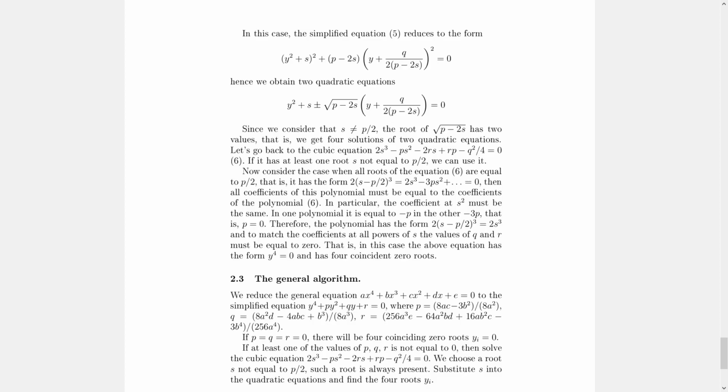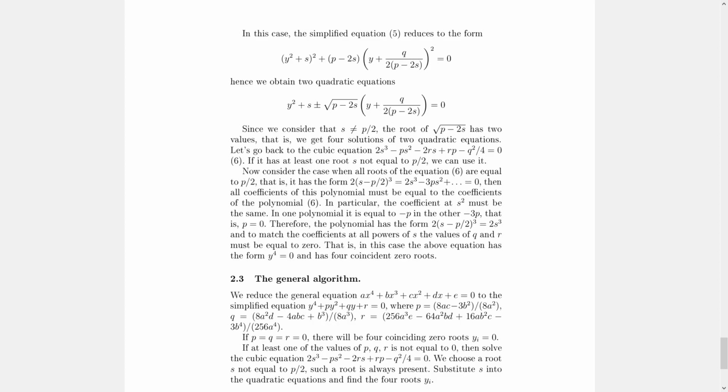In particular, the coefficient at s squared must be the same. In one polynomial it is equal to minus p, in the other minus 3p. That is, p equals 0. Therefore, the polynomial has the form 2 multiplied by s minus p divided by 2, cubed, equals 2s cubed.